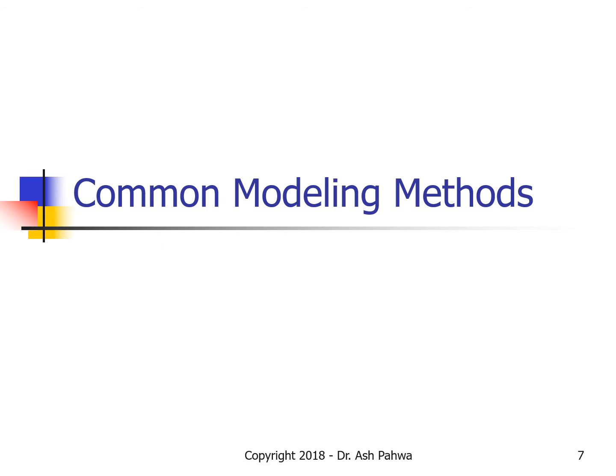So now let us look into the common modeling methods which are available to us. There are 11 of them, and we are going to enumerate them. After that, we are going to classify these 11 models using different criteria.